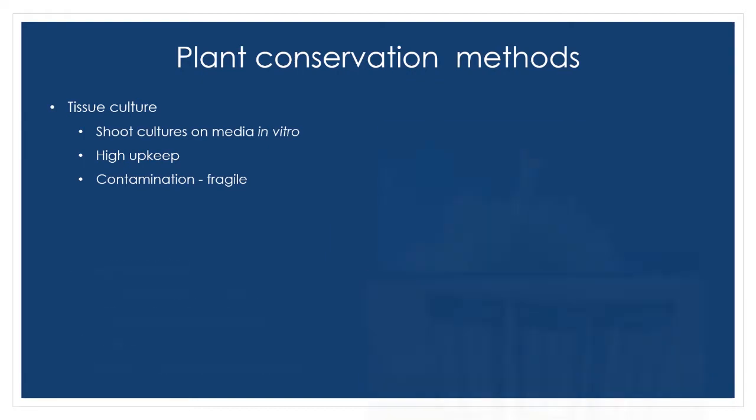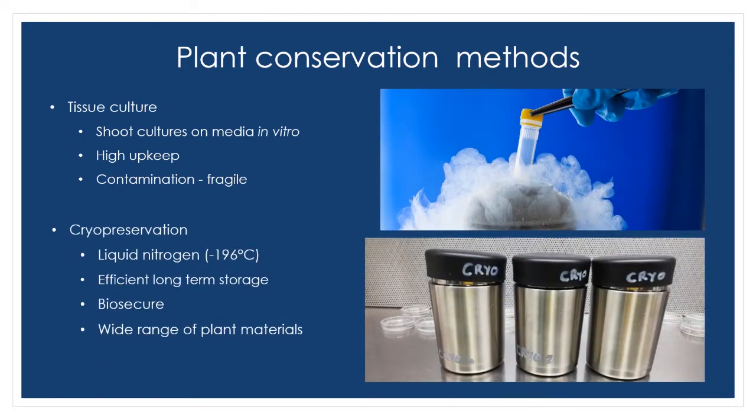On the other hand, another method of ex situ conservation that overcomes these issues is cryopreservation. Cryopreservation is the storage of biological material at negative 196 degrees Celsius in liquid nitrogen. This is a very efficient method of long-term storage, because at these low temperatures, no change is able to occur to the plant material.